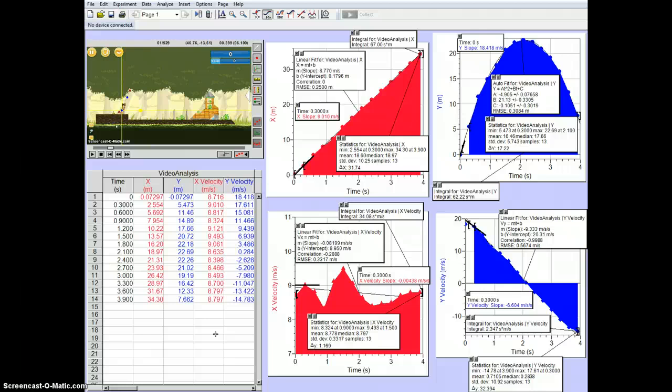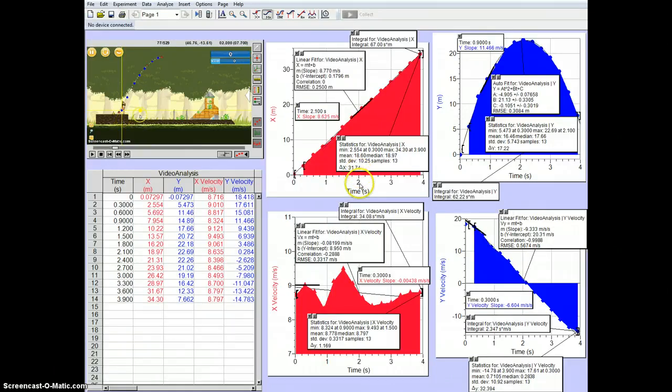So we can see this data is more spread out than this data right here. And the delta x is 31.74, which is the total displacement.